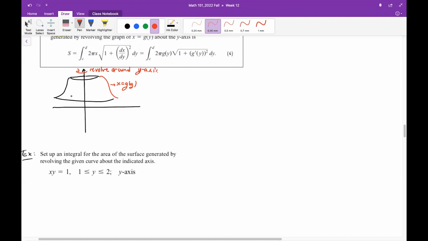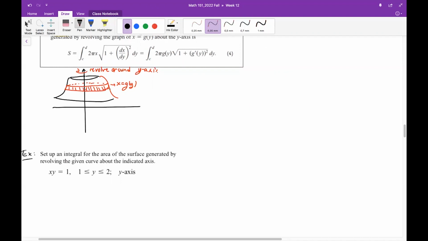Now you will look at very thin horizontal strips this time. So this will be the strip that you will be using in your summation to cover the whole surface area.